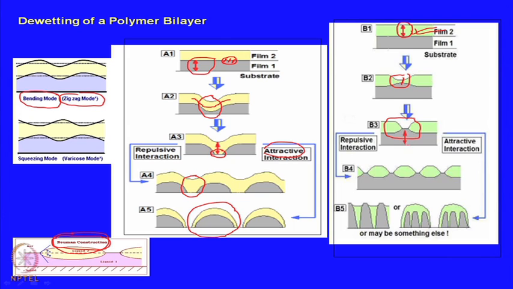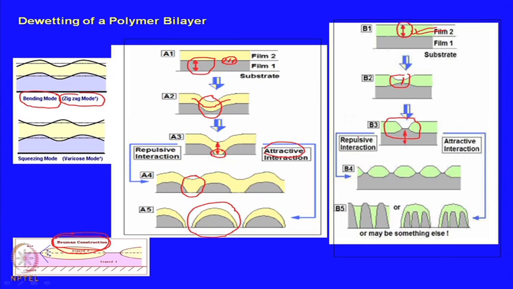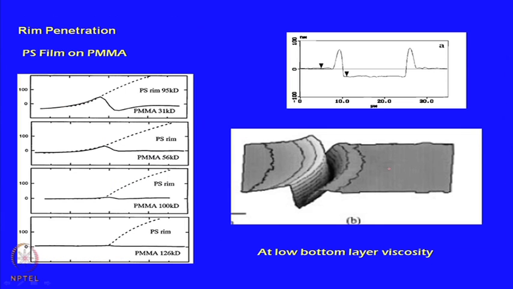Depending on whether there is active interfacial interaction between these two layers, yes or no, one possibility is that the bottom layer can be very, very thick. In that case, you have only one dewetting layer, the top layer, which rests on a liquid surface instead of a solid surface. So, depending on whether there is repulsive or attractive interaction, you can get different morphologies.